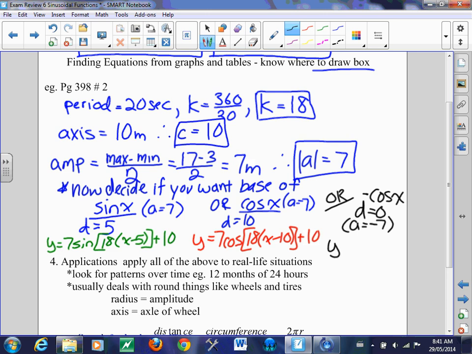Okay. So y equals negative 7 cos of 18x plus 10. Sorry, I got to fit that in there a little better. Because your starting point's right at the origin, your formula for that would be y equals negative 7 cos 18x plus 10. All right?